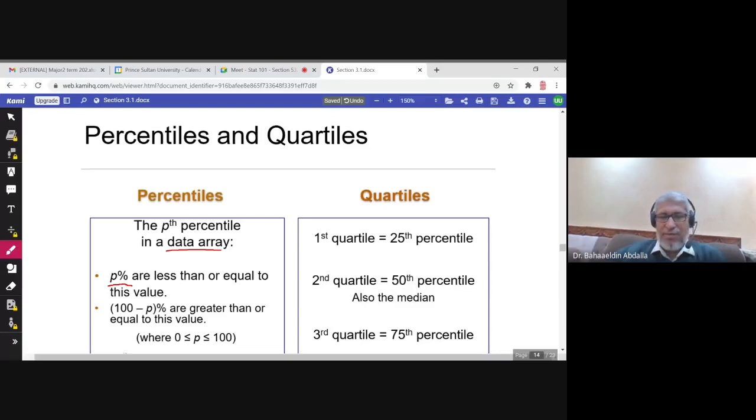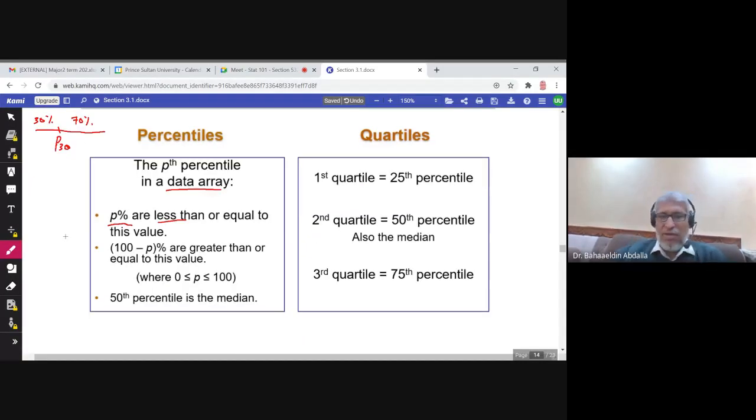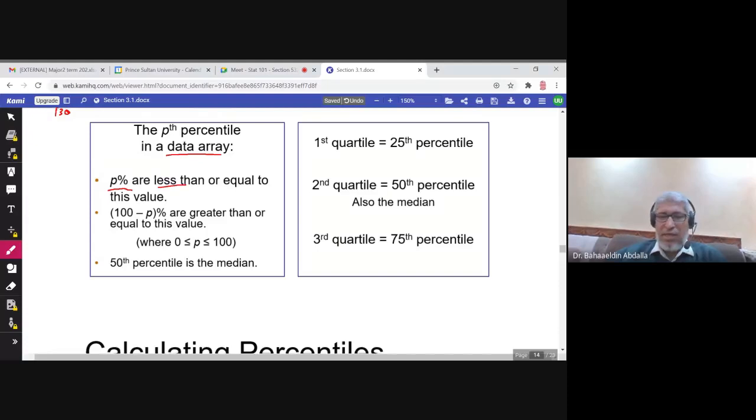So, for example, if I talk about P30, the 30th percentile, then P%, which is 30% of the data, lies to the left, less than means to the left, and 100 minus 30, which is 70% of the data, lies to the right. So this is the definition of the 30th percentile, and you can define 99 percentiles similarly.